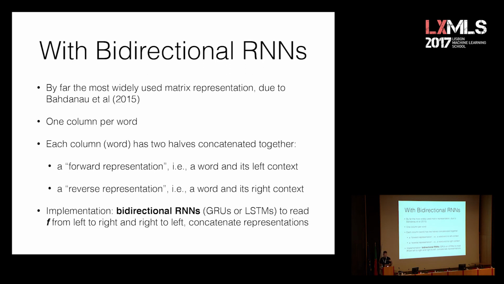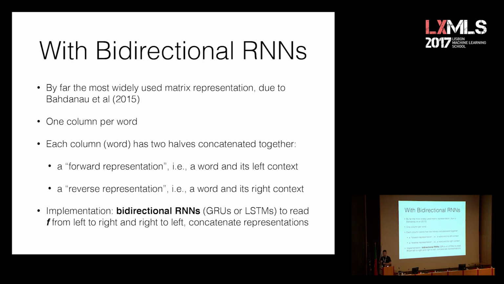The idea is really simple. We read a sentence from left to right, processing words in the standard order, and then we have a second RNN with its own independent parameters, although they'll probably share the same input embeddings, and we read the same sentence from right to left. So every word is going to have two representations.